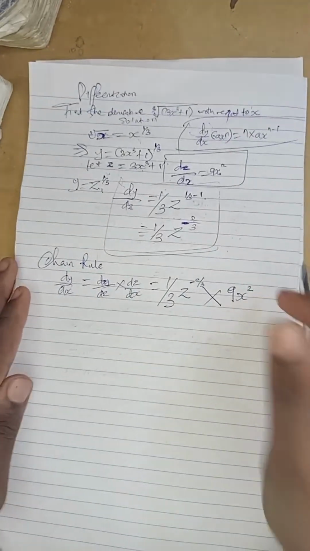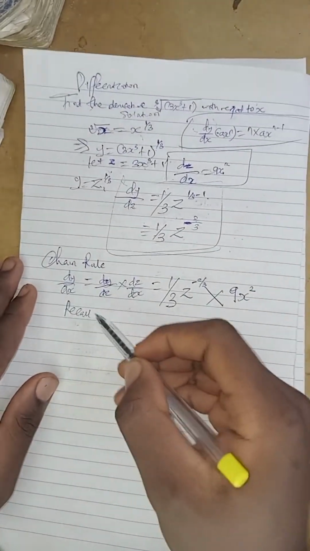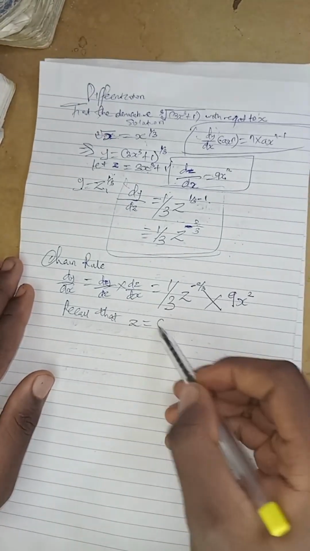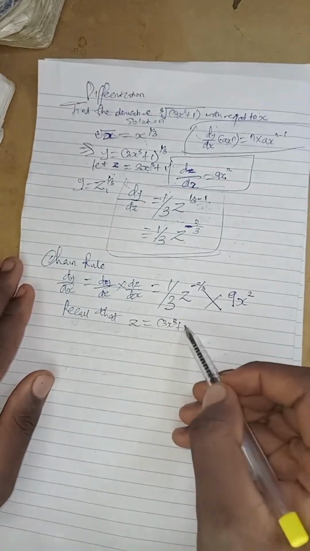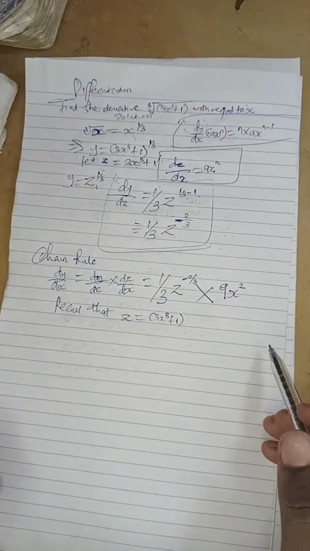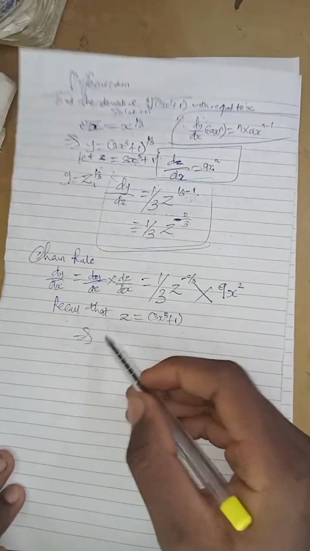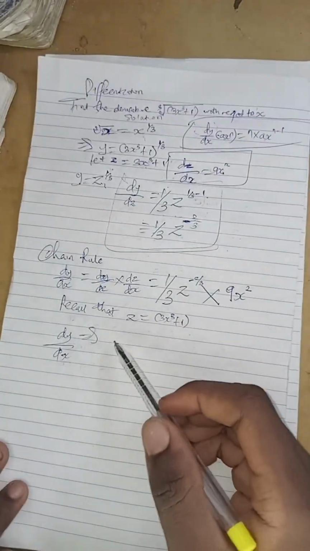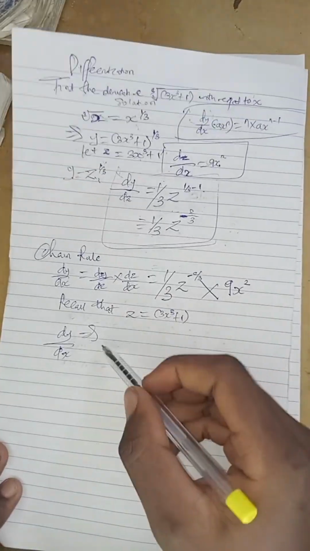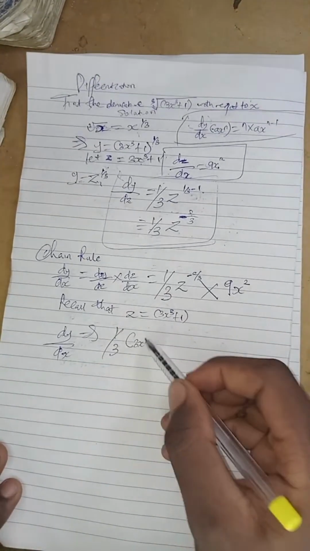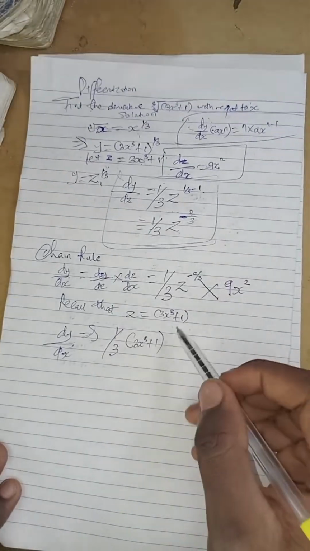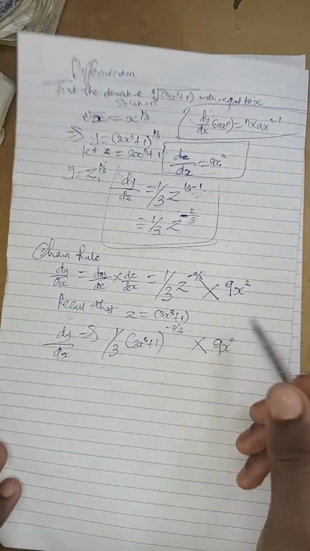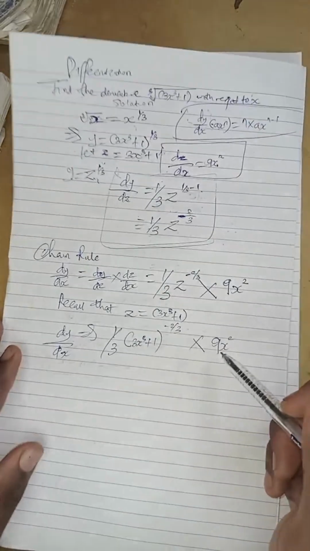Now we can recall that z is equal to 3x cubed plus 1. So dy over dx will be equal to 1 over 3 times (3x cubed plus 1) to the power minus 2 over 3, times 9x squared.